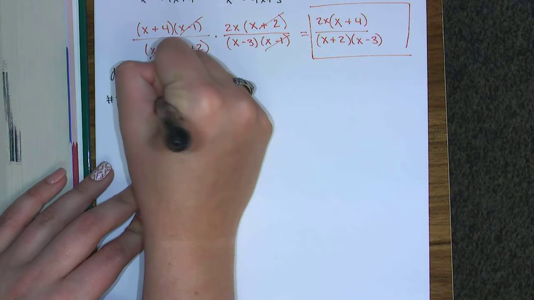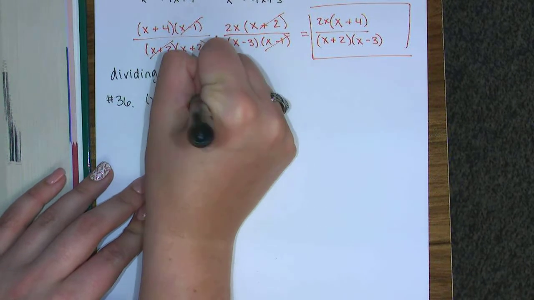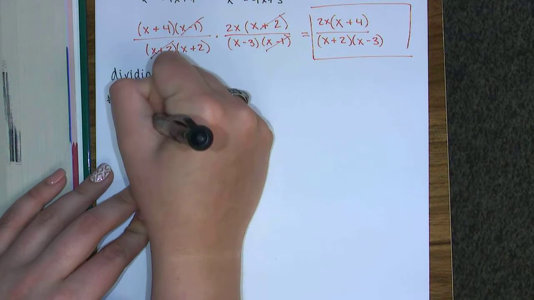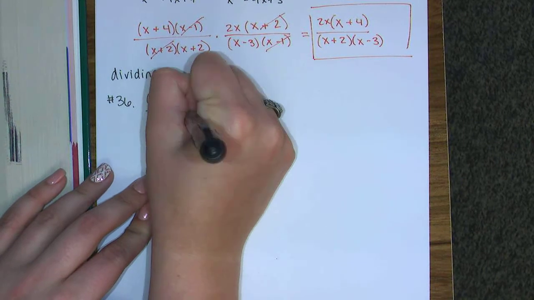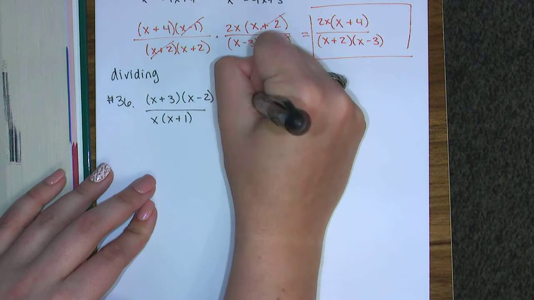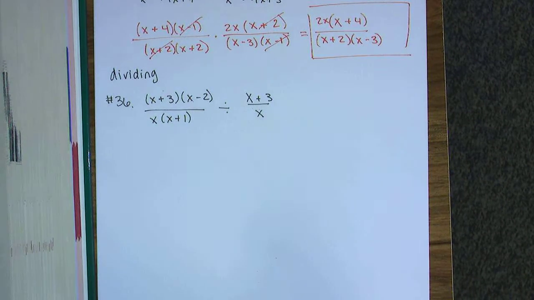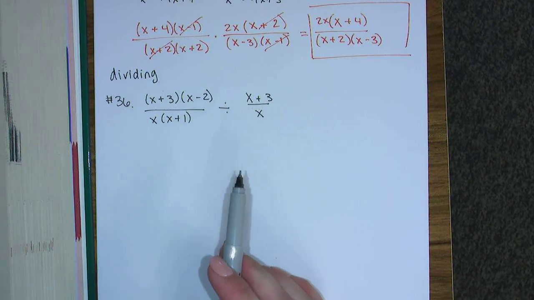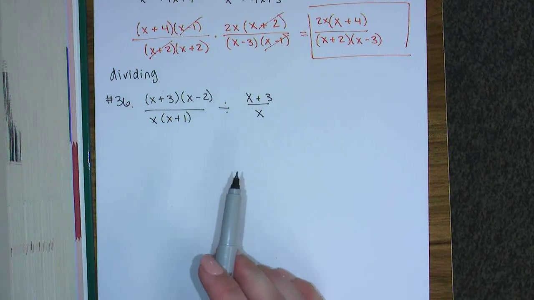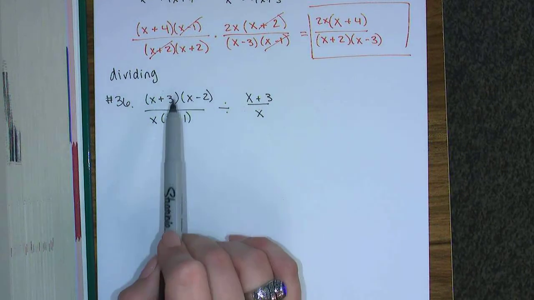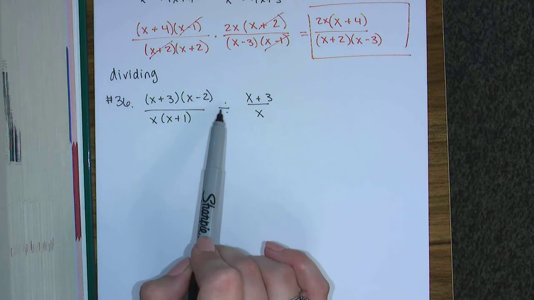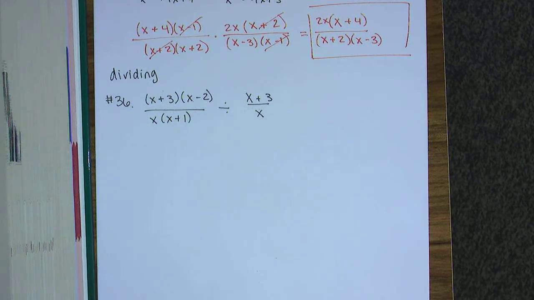So we have x plus 3 times x minus 2 over x times x plus 1 divided by x plus 3 over x. So here, everything's already factored for me. So the only thing I need to do is, it's dividing, so I need to multiply by the reciprocal.